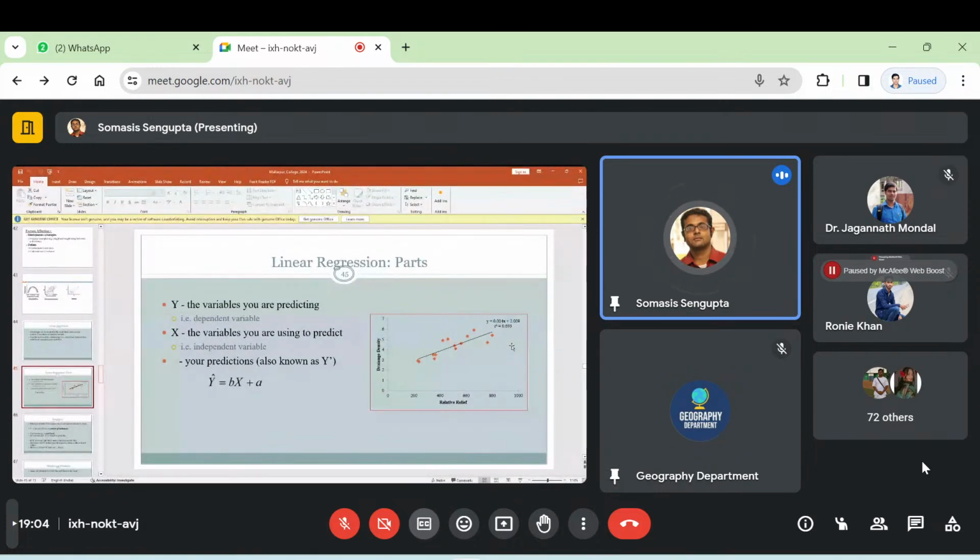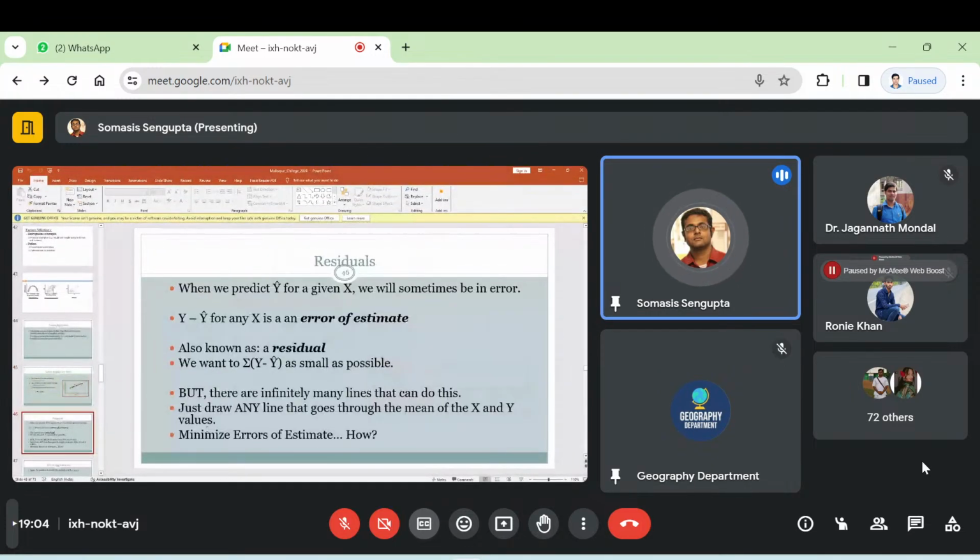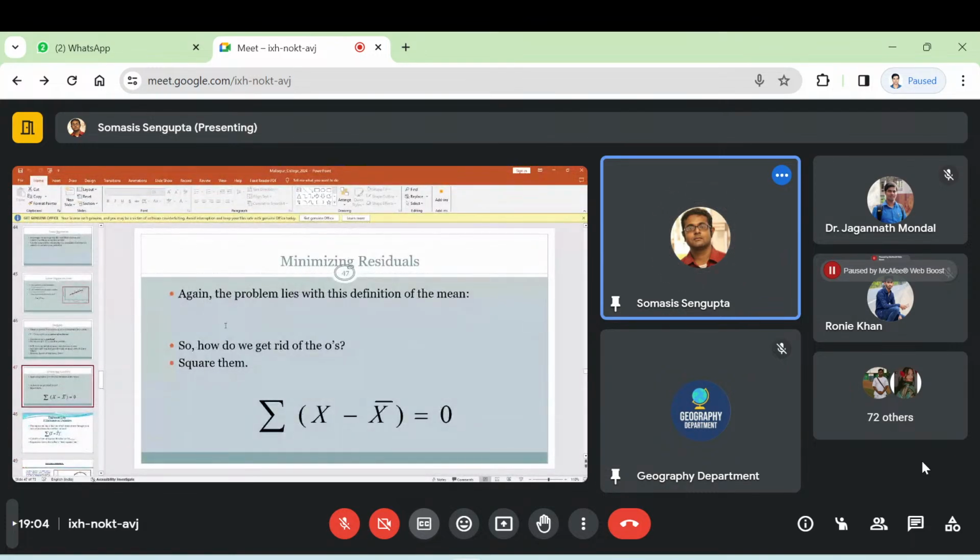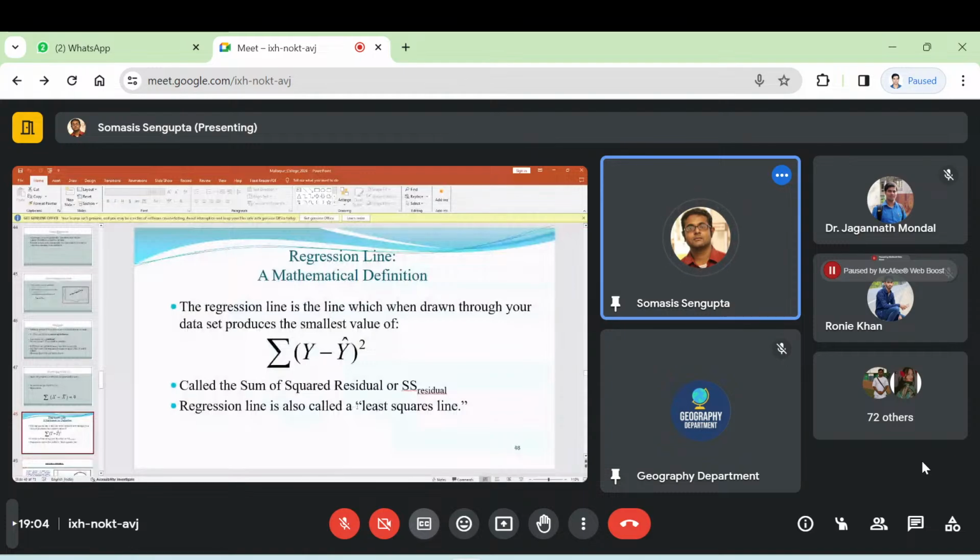Since our objective is to reduce the residuals or the summation of y minus y crow, this formula is therefore known as least square method. As I told you, this is the summation, it is just a printing mistake. So it should be y minus y crow should be equal to 0, but it will never come to be 0.